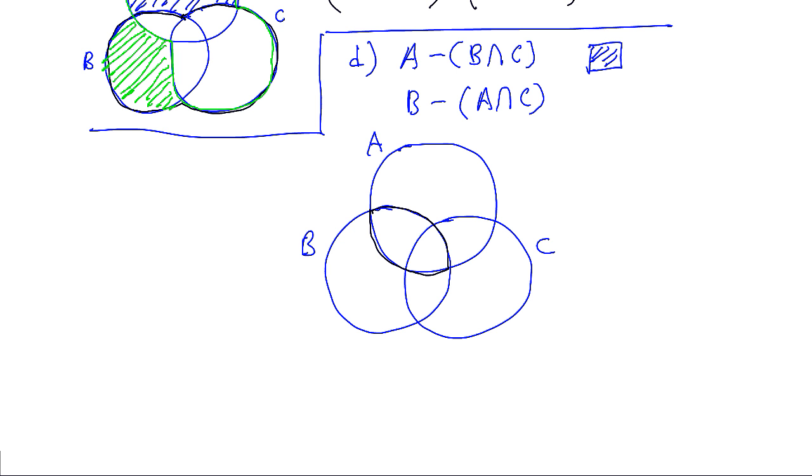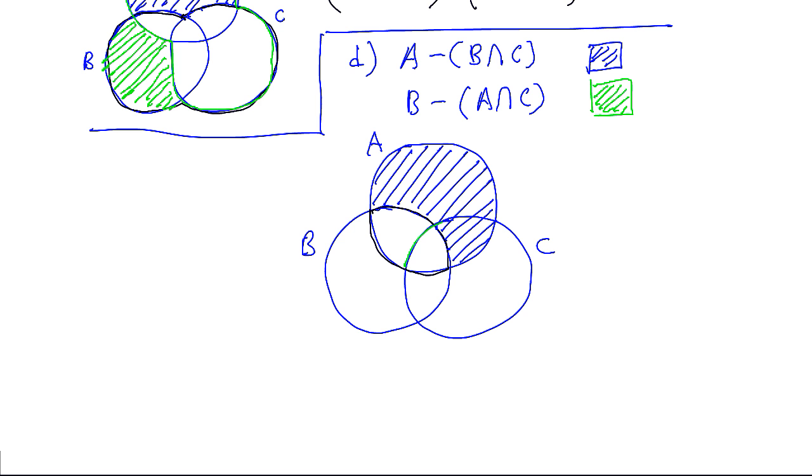A minus that, I'll draw like this. Okay, and then in green I'll do B minus (A intersect C). A intersect C is this football-shaped region, this little green one like this.